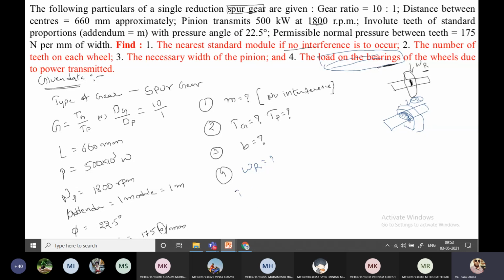Now one by one I am calculating. First one, nearest standard module. So Indian standards already defined the nearest module values. What are those module values I am writing here?